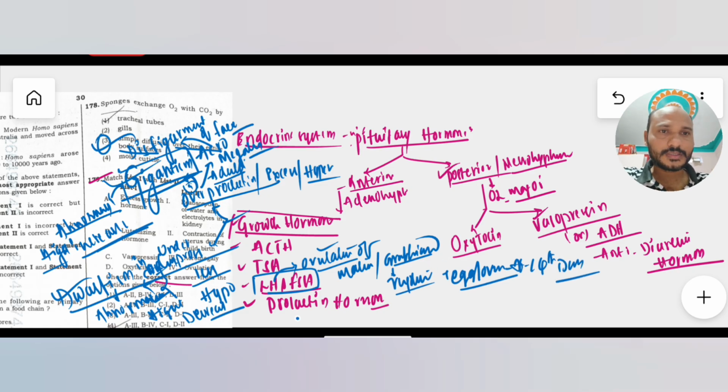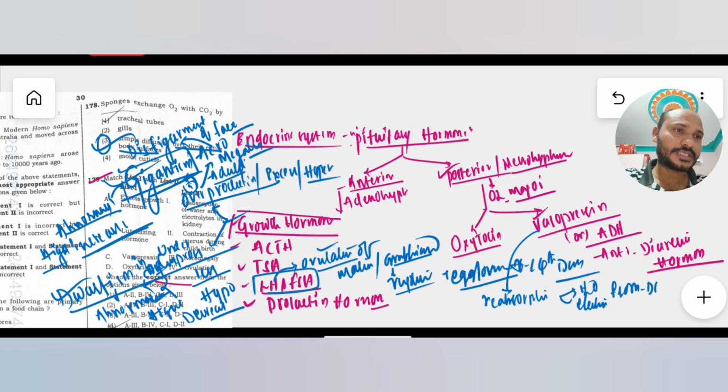Also we have to discuss vasopressin here. We know that vasopressin, also called ADH hormone, stimulates the reabsorption of water. It mainly plays an important role in reabsorption of water and electrolytes from the DCT of the nephron. Very important, DCT.